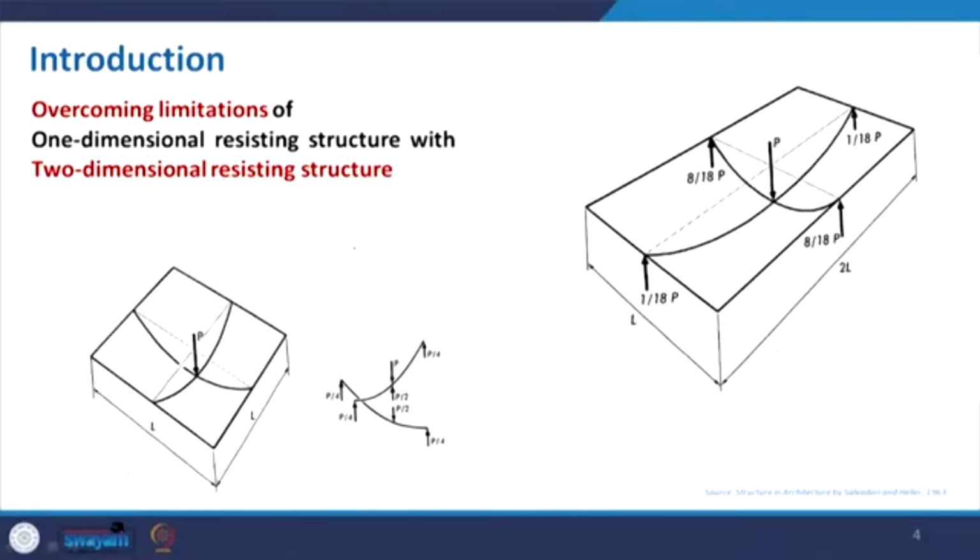Now, coming to this slide, it is basically showing overcoming the limitation of the one dimensional with the two dimensional. So, how do we get the idea of the grid?